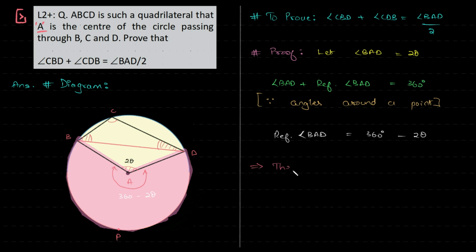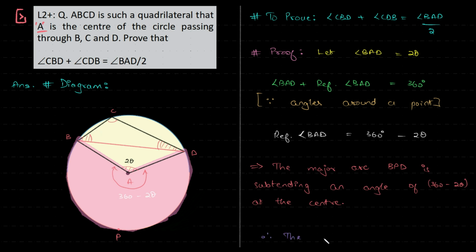This implies that the major arc PBD is subtending an angle of 360 degrees minus 2 theta at the center. Right? Is it not? We need to explain this because we have to relate it to angle BCD.